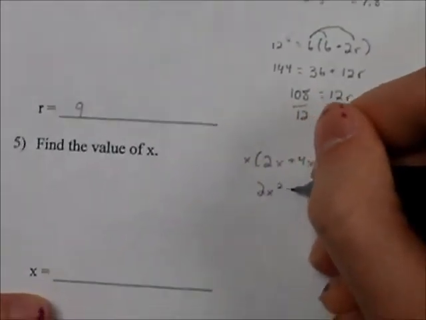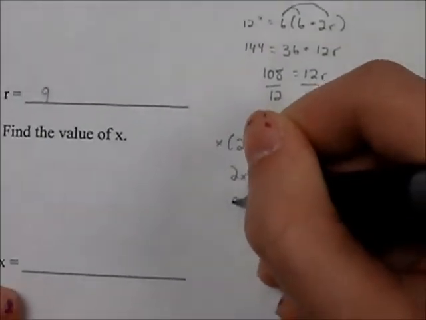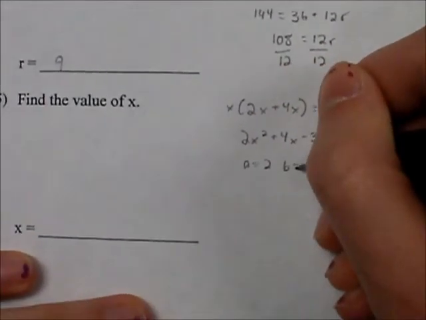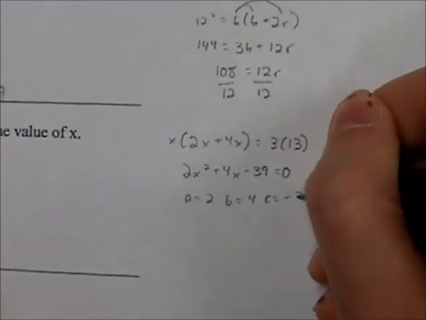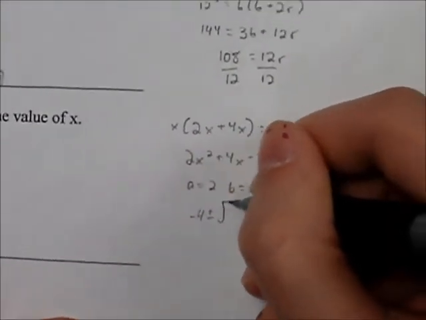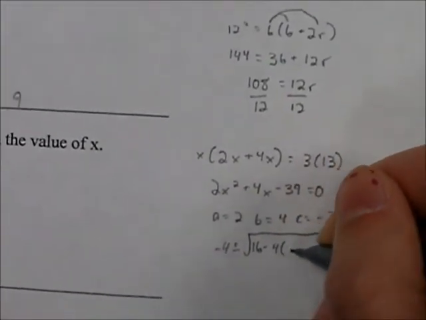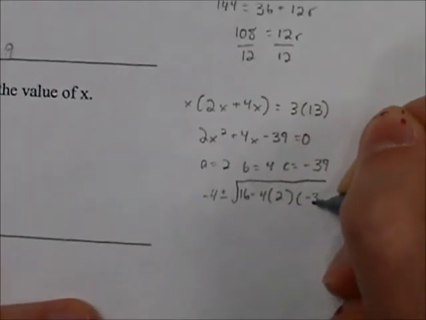So we have 2x squared plus 4x. And 3 times 13 equals 39, and we subtract it to that side, so we have 2x squared plus 4x minus 39 equals 0. So a equals 2, b equals 4, c equals negative 39. Plug them into the quadratic formula.